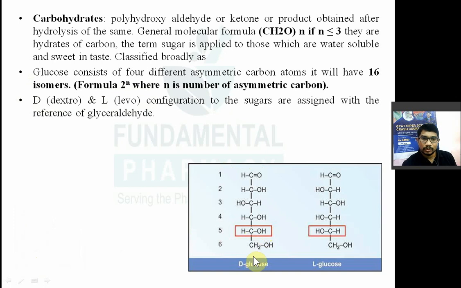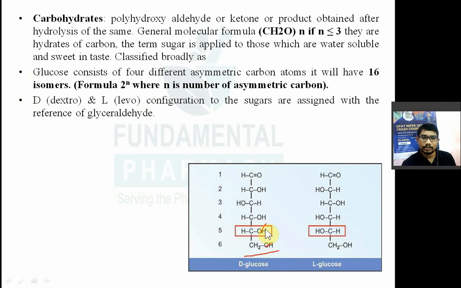So if the hydroxyl group on the adjacent carbon atom is on a similar side with the hydroxyl group of your terminal alcohol carbon, okay, तो इसको hydroxyl की जगह alcohol बोलेंगे.